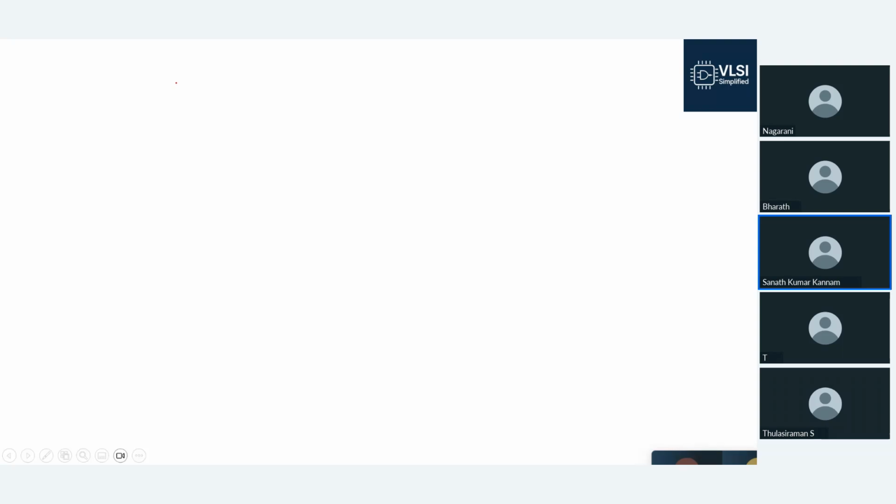So commutative law. What is commutative law? A or B equal to B or A, and A and B equal to what? B and A. This is commutative law.